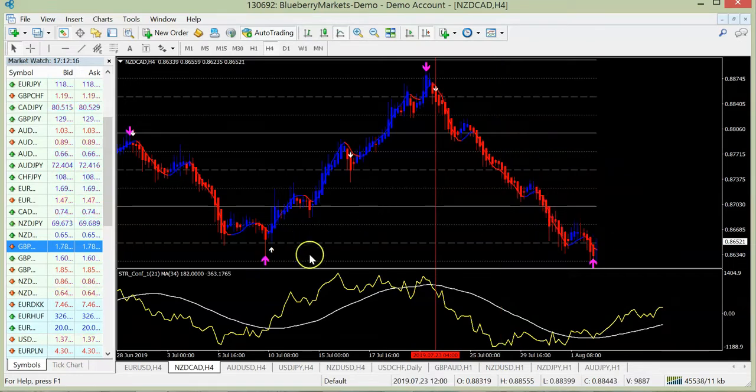So this example shows us also pink, we do not trade. Then we get a white arrow and the candle is blue, so a buy candle, and this line is blue.